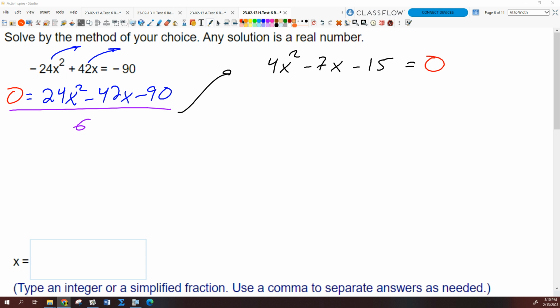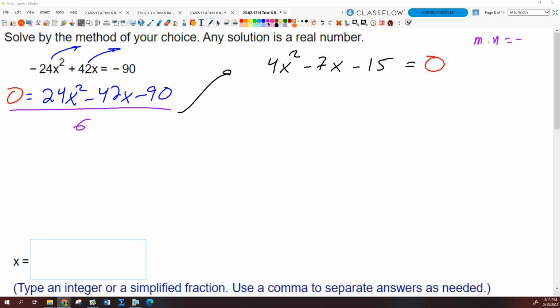Could we factor? What would the two magic numbers have to multiply to? Negative 60, right? They have to multiply to A times B, A times C, sorry.